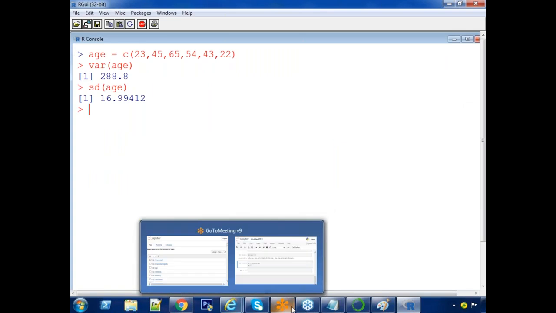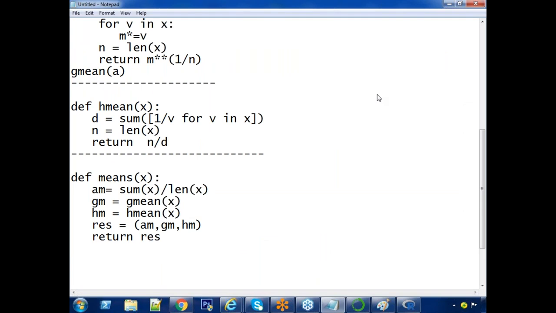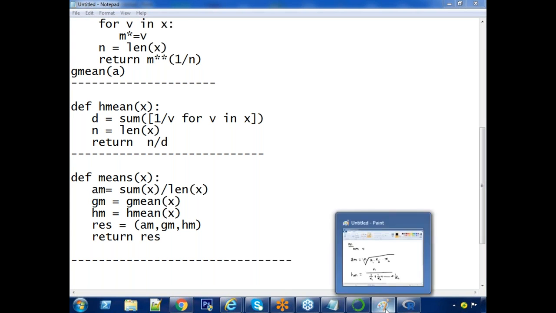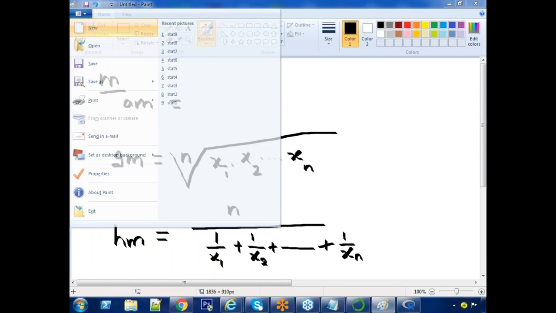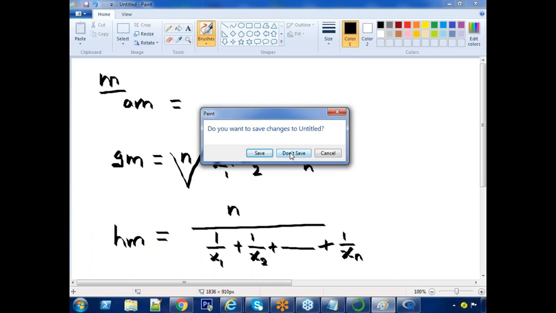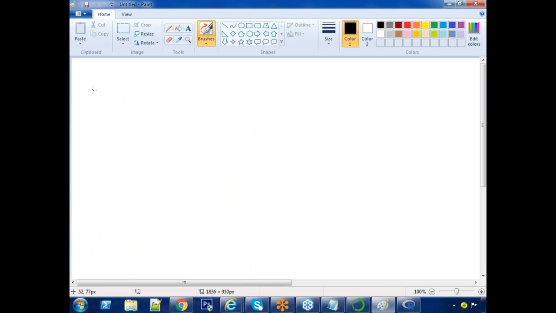Take this one. The functions are this one. Covariance will be there in statistics.